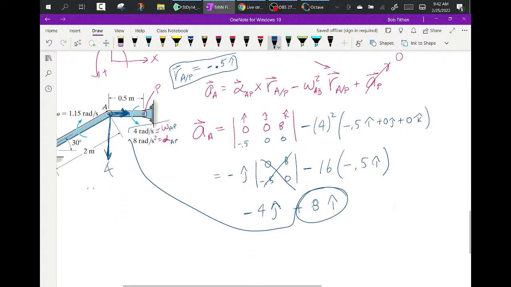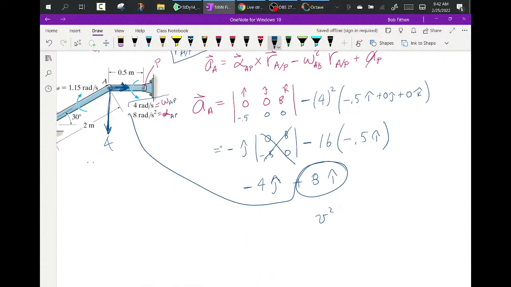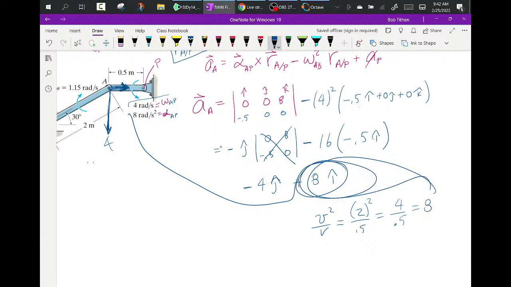And you can look at this two ways. It's the v squared over r, where v squared is 2, right? Wasn't it 2? It's 2, and r of 0.5 squared becomes 4 over 0.5, which turns around and becomes 8, is what that is.